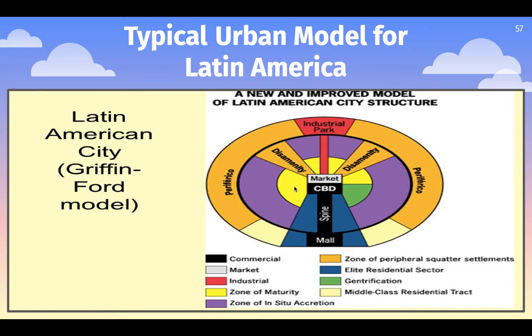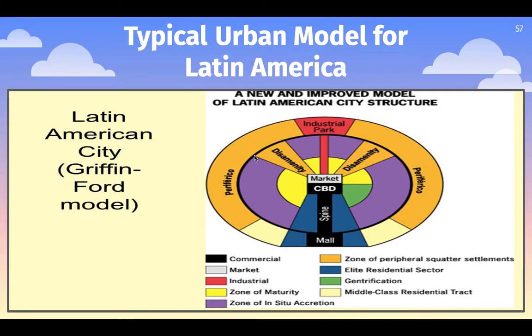But then we get into this transitional zone, and finally, more squatter settlements, these peripheral squatter areas. Okay, and these two wedges that you see connecting the squatter regions with the central business district are what are called disamenity zones.